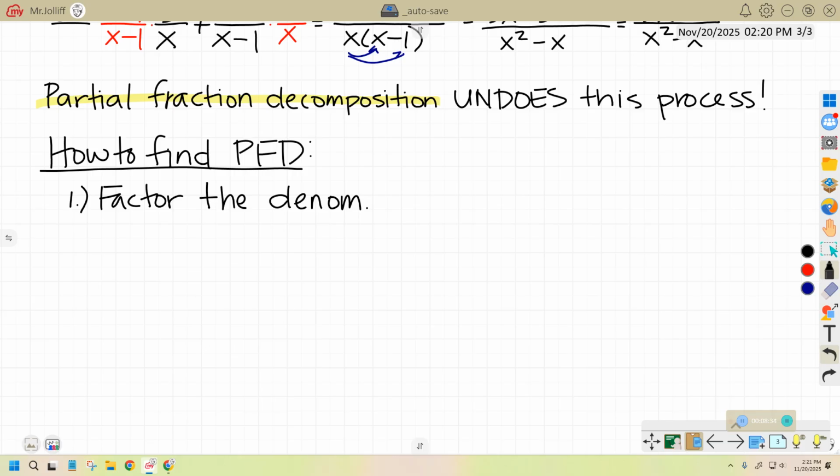I shouldn't have anything higher than a second power. And we have a couple of tools in our toolbox for doing this. The first thing you should check anytime you're asked to factor is, are there common factors?